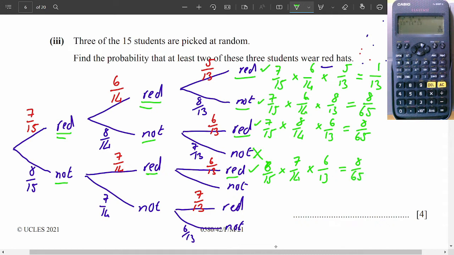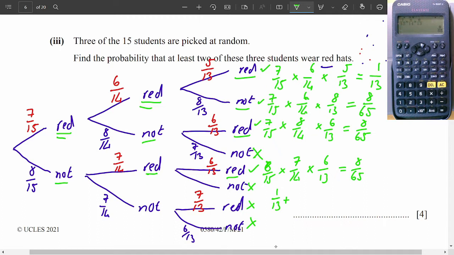Okay, next route, somebody not a red hat, then a red and not. This is not at least 2. Again, not red. There's not at least 2. So we're getting close to the final answer. So we can speed up the last calculation. We now need to do 1 over 13 plus 8 out of 65, 8 out of 65, 8 out of 65.